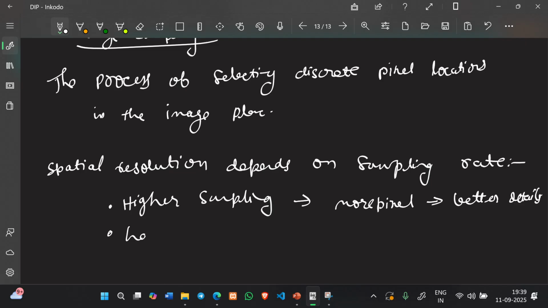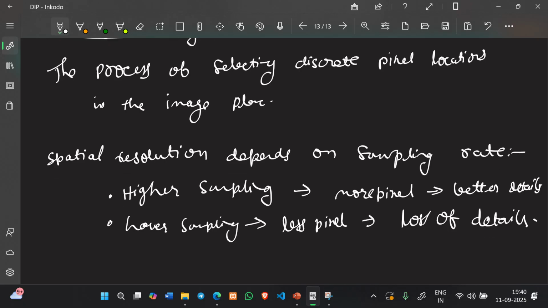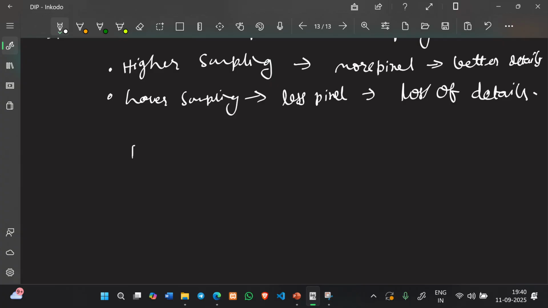A lower sampling rate means fewer pixels, which means loss of data or details. For example, suppose there is an image with 1000 by 1000 resolution that is reduced to 250 by 250. Here there is less detail, but it is smaller in size.